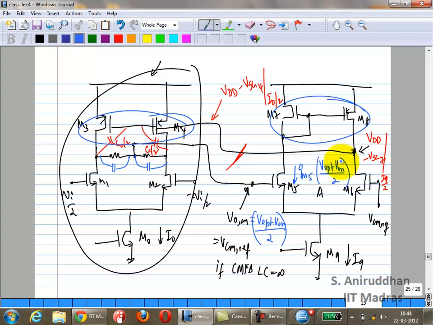Well, the simplest way I can think of is split M5 into two transistors, connect the gate of one to VOP, connect the other gate to VOM. That will accomplish exactly what you are trying to do. Is that right? You don't seem very convinced. Okay, let's try that.